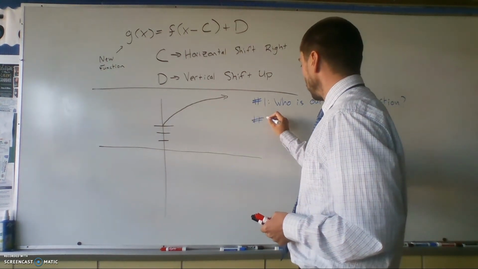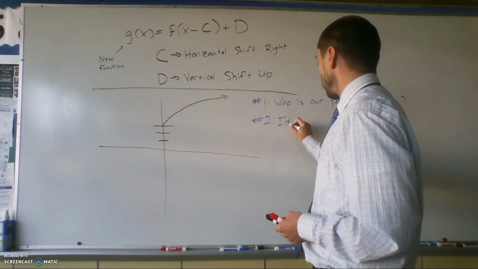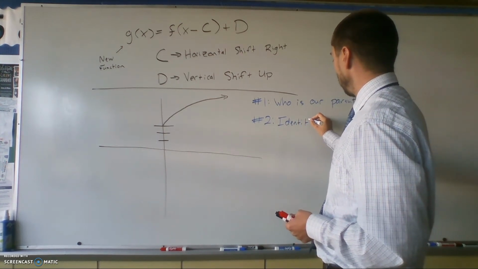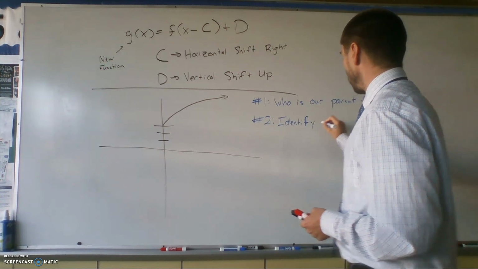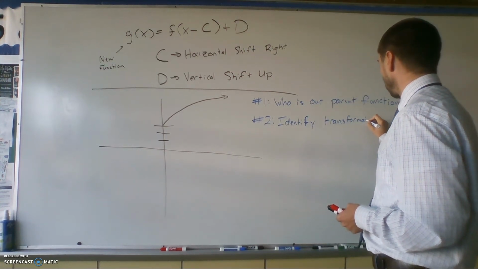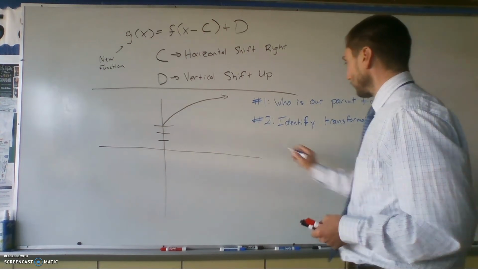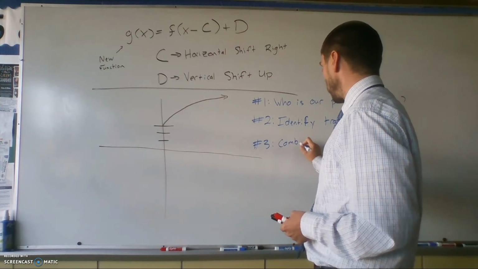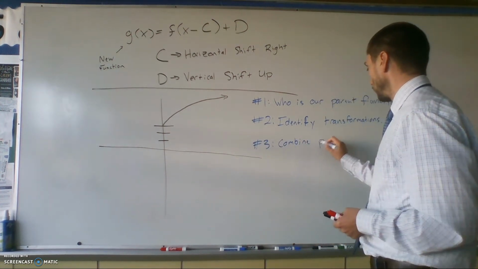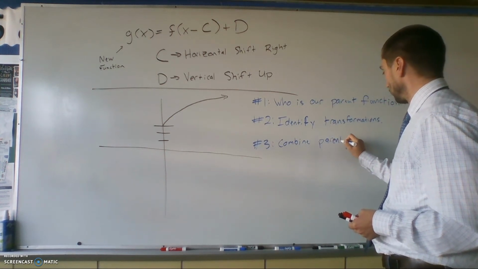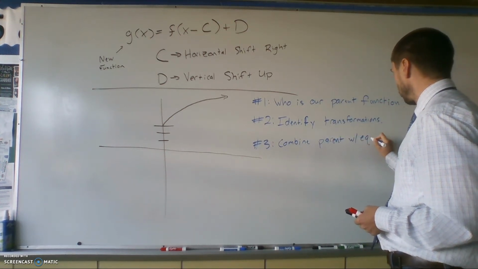So that's the first thing you have to do, figure out who's your parent function. Second thing is identify your transformations. And then we'll combine the parent function with our transformations into our equation.